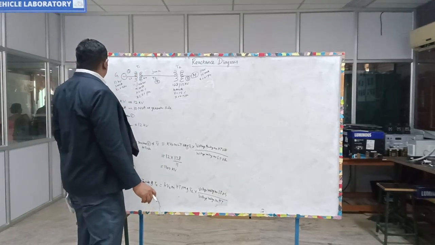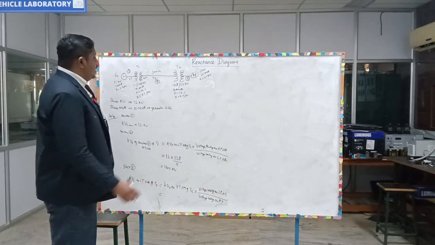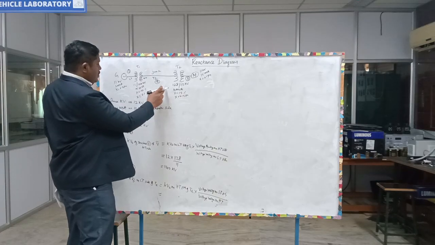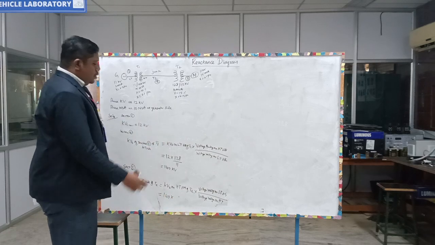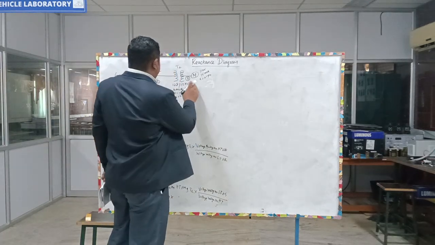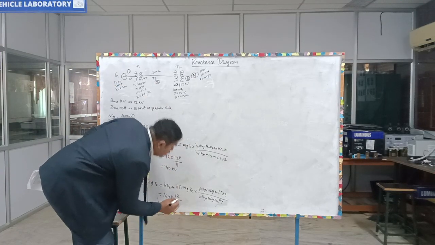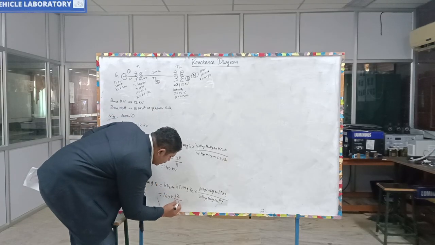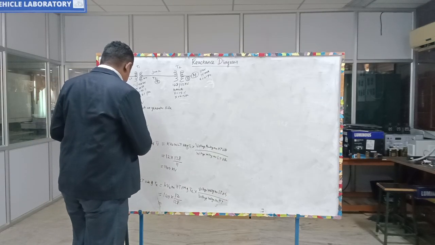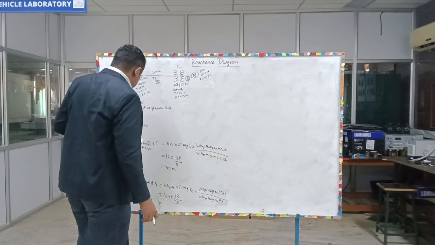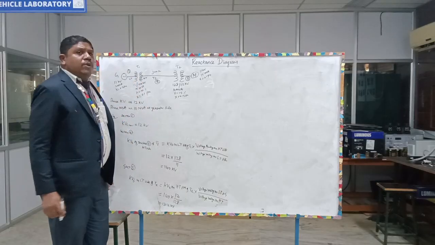So substitute here. What is the kV base on the HT side? We found the new kV base, the previous one, 140 kV, into the voltage rating on the LT side, 12, divided by 128. If you simplify this, it is 13.12 kV.